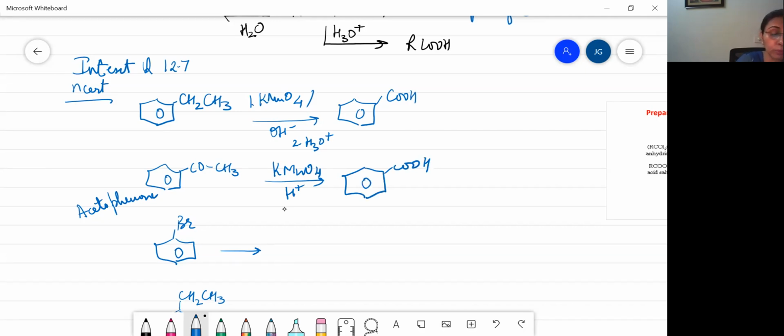Okay. It can also be converted into carboxylic acid by another method. Can you guess?